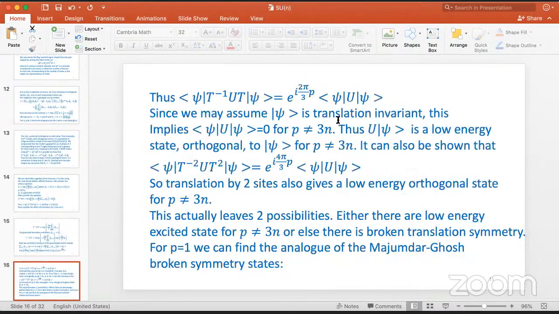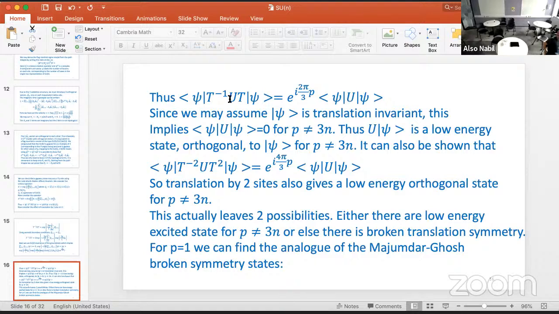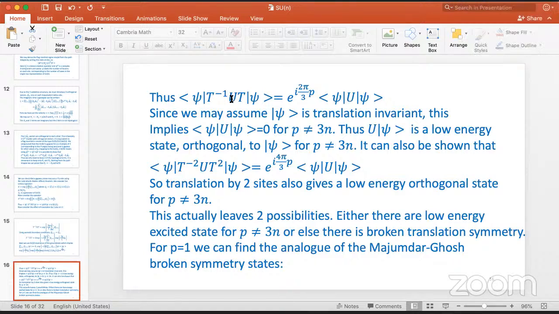Now, if we translate psi by one site, we pick up this phase. So if p is not 3n, we get a non-trivial phase, which tells us that the state psi is orthogonal to the state U psi. So U psi is a low energy state orthogonal to psi for p not equal to 3n.